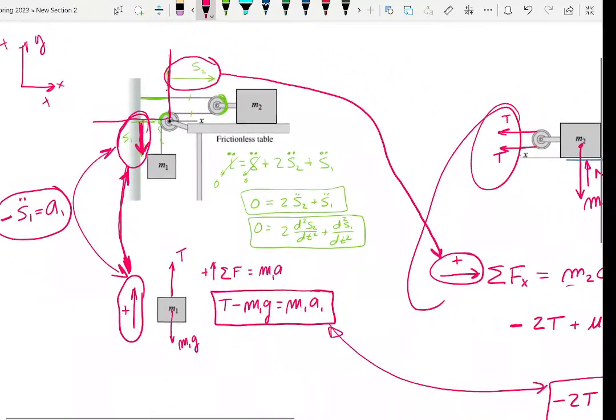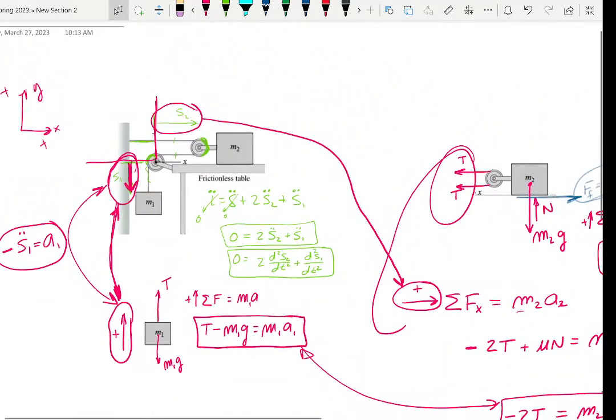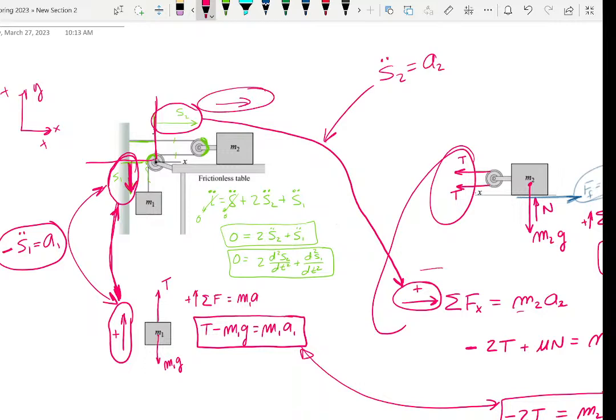So hold on to that for a second. And then look at this relationship. And what you'll find is S2 double dot is equal to acceleration 2. Because this one's going to the right and so is that one. And so since they're both going in the same direction, they're basically equal to each other and not the negative of each other.